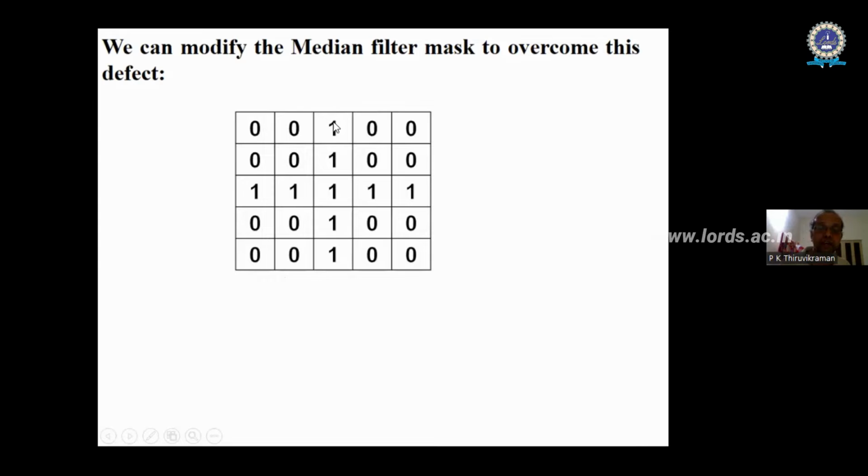If there is a thin line, all these are having value 1, so the thin line is considered. So both horizontal and vertical lines will not be wiped out by this procedure. Is that clear? So this will preserve horizontal and vertical lines of 1 pixel thickness. But of course, if the line is diagonal, it won't preserve. Then you'll have to go for a different type of mask. You'll have to think of some other mask.